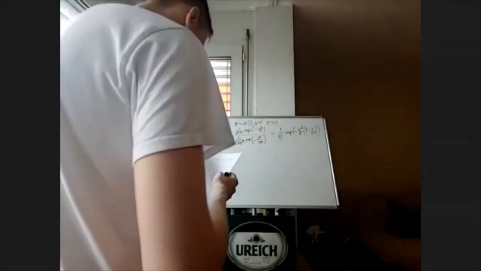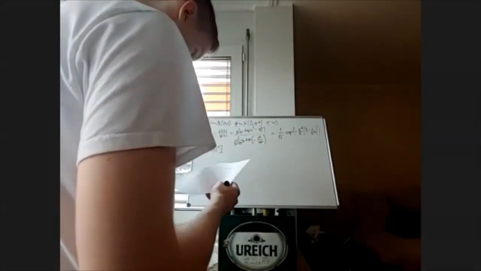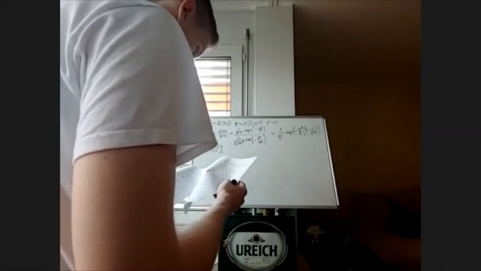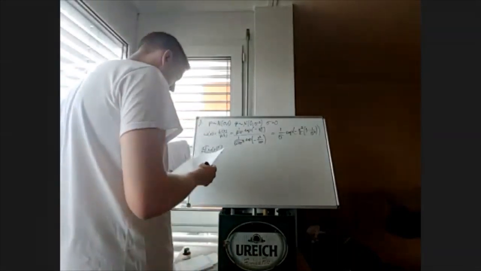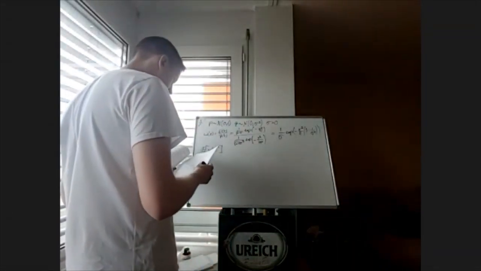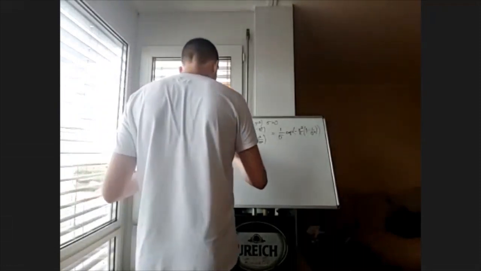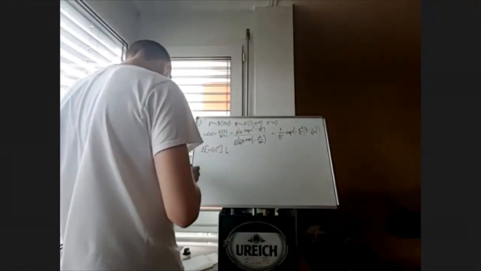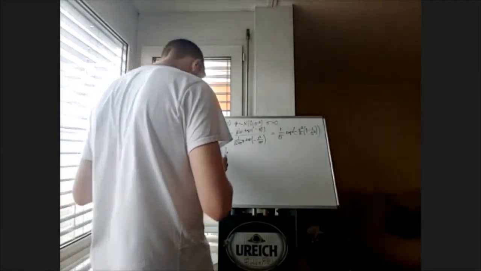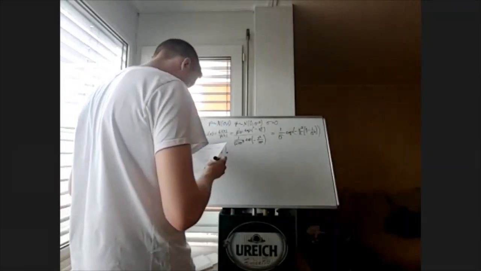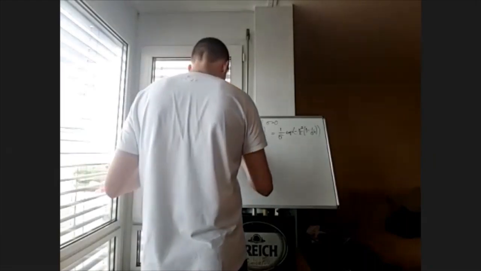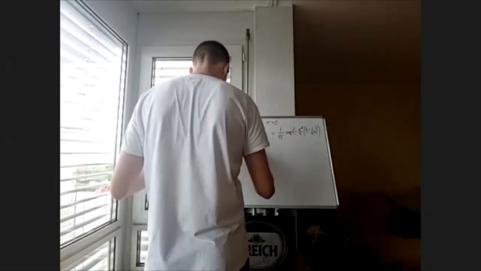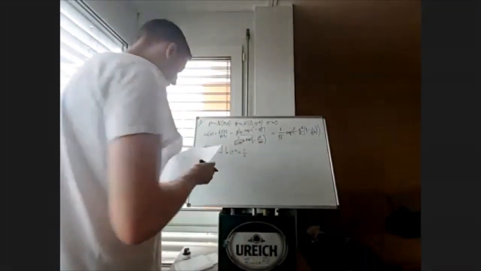Let's first assume case 1, that sigma squared is bigger than 1 over 2.